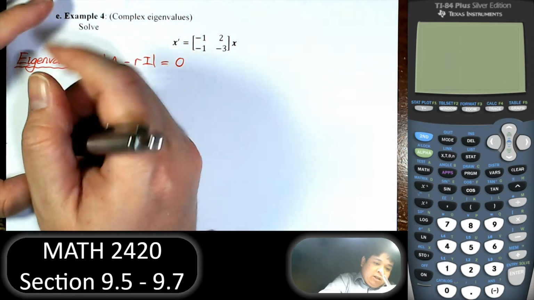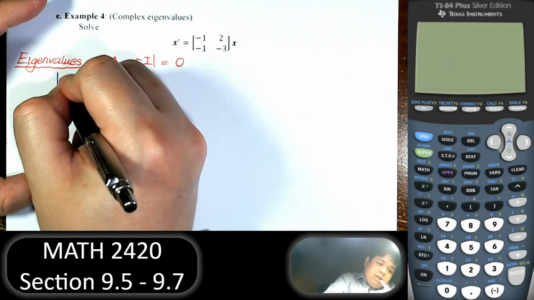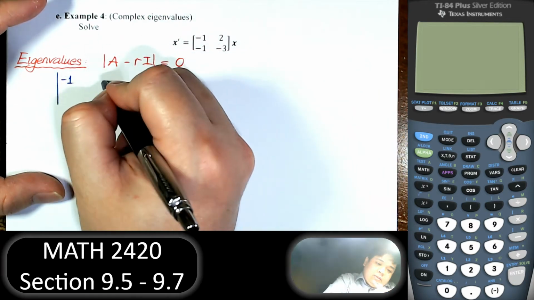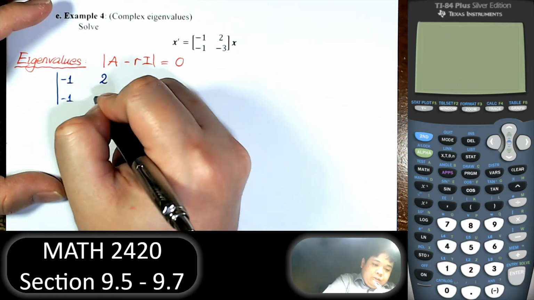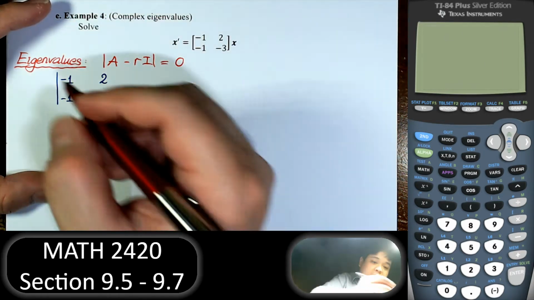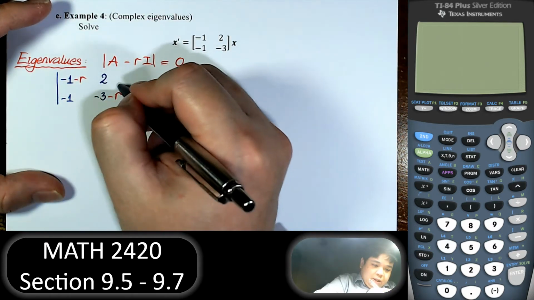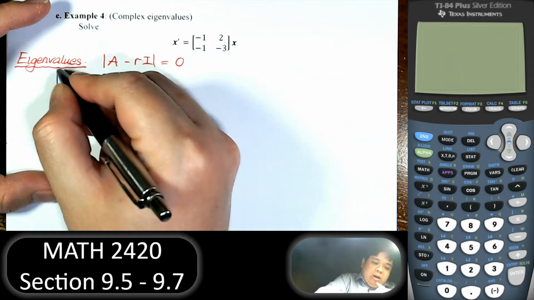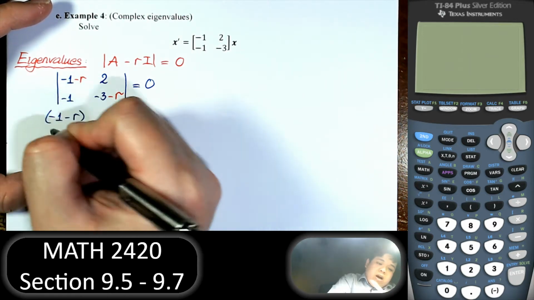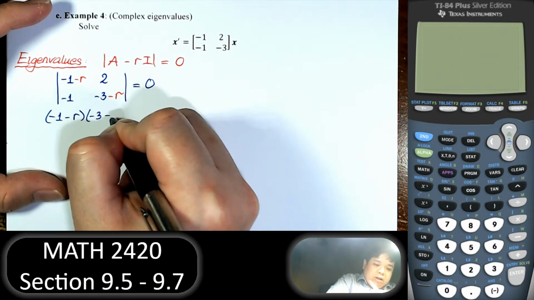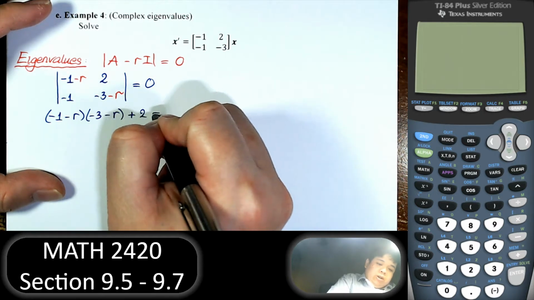So determinant of this matrix, where we subtract R on the diagonal, equal to 0. Multiply -1 minus R times -3 minus R, subtract -2 plus 2 equal to 0.